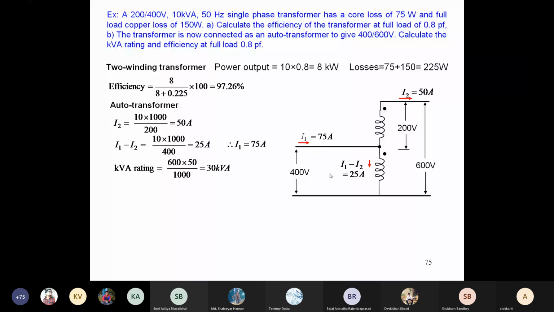So what we see is that using a two-winding transformer of 10 kVA, we have achieved a more powerful auto transformer of 30 kVA, with more power handling capacity.